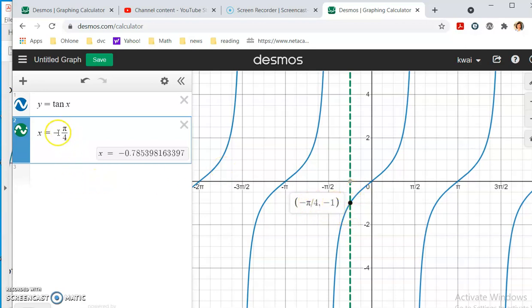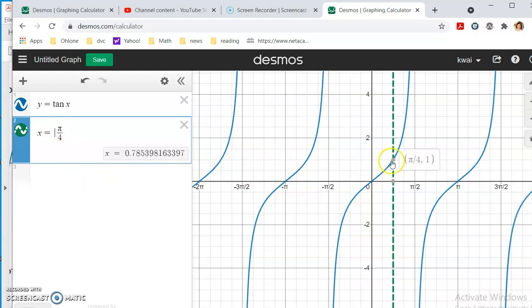And then if I do a positive, it would be here, it would be 1. So these are the two quarter points, pi over 4 and negative pi over 4, at negative 1 and 1. Now, we have amplitude in sine and cosine, but in tangent we don't have amplitude, but at the quarter point, it does go to 1 and negative 1.